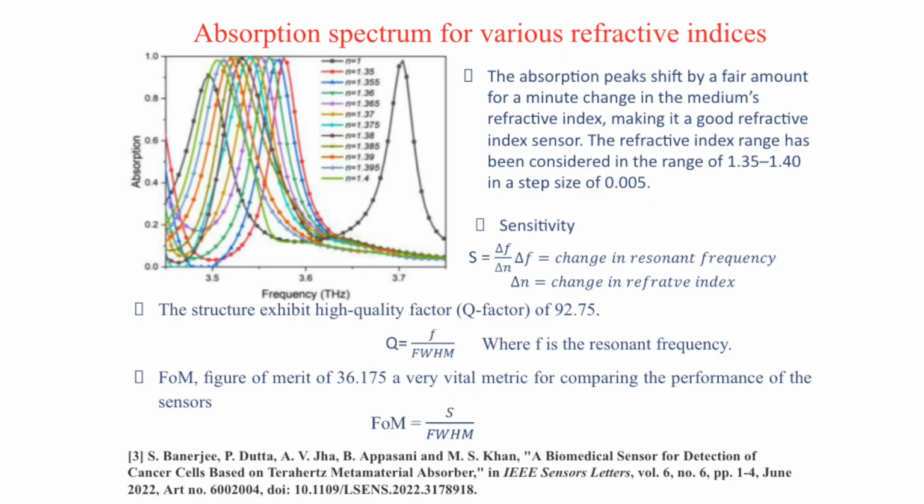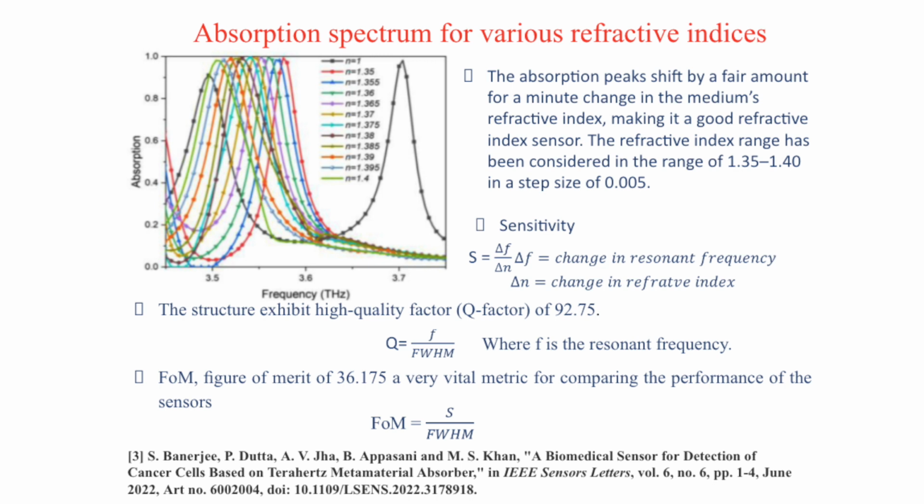So, the refractive index will be different, and corresponding to the variation in refractive index, the resonance frequency of the metamaterial absorber will shift. This diagram shows the variation of absorption frequency or resonance frequency with respect to the variation in refractive index.